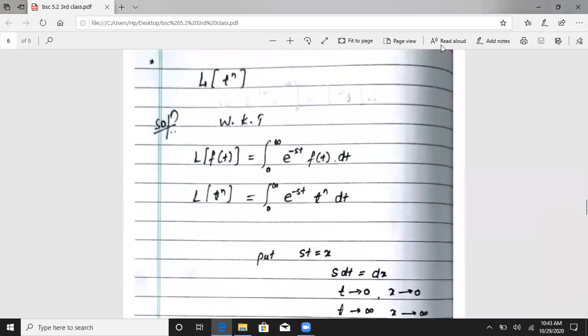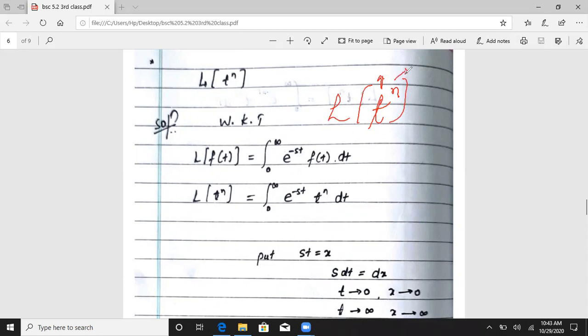And the next one, an important one: the Laplace transformation of t to the power n, where n is any constant value.